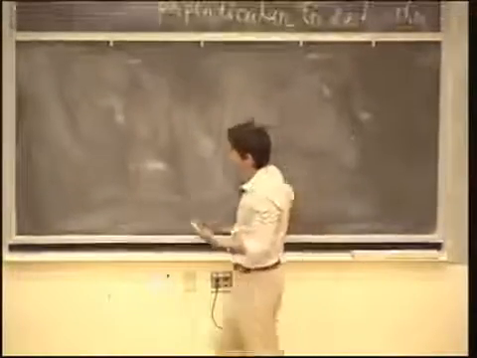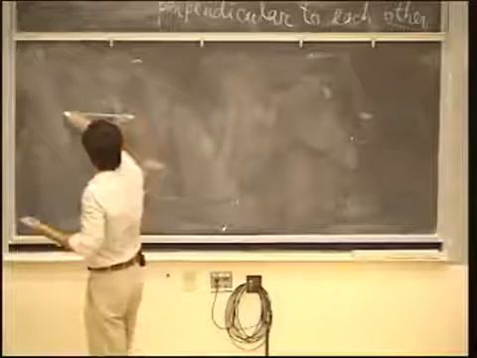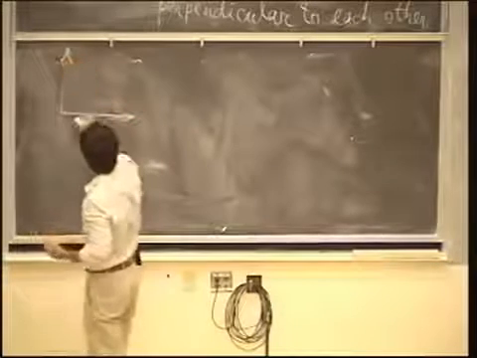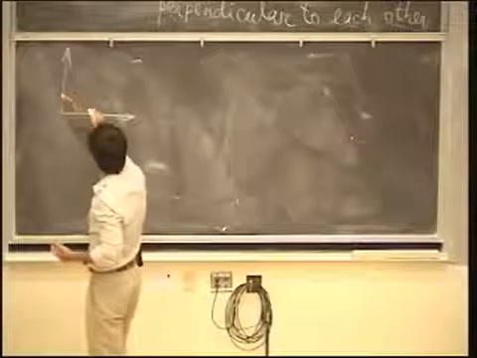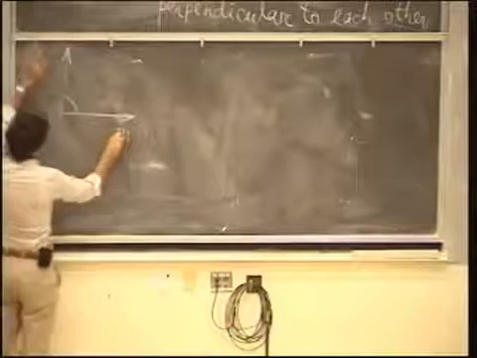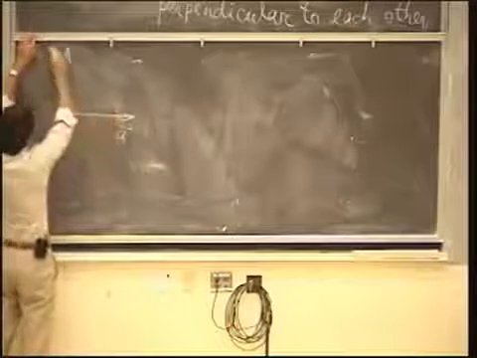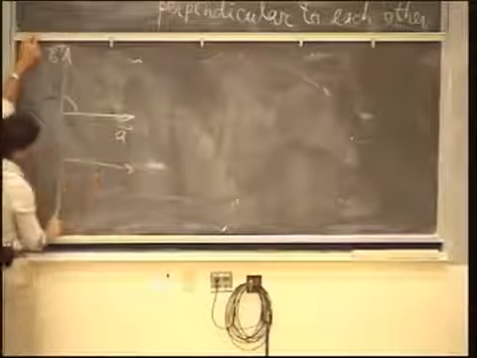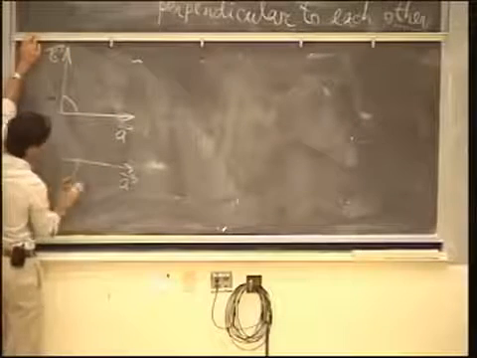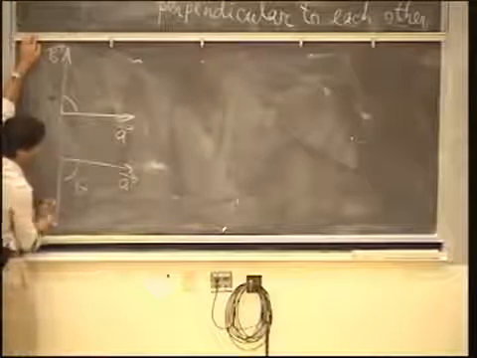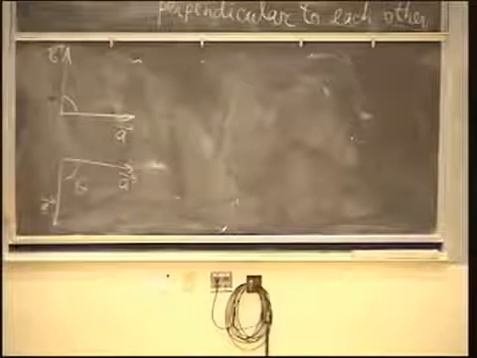When I say perpendicular, I mean that the angle between them is 90 degrees. To say that the angle between them is 90 degrees means that they are either like this or like this. It doesn't matter. In both cases, they are perpendicular.